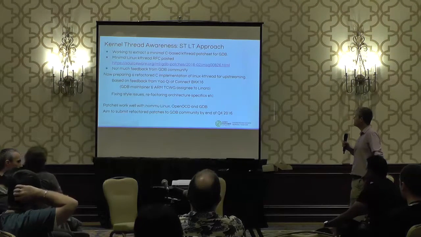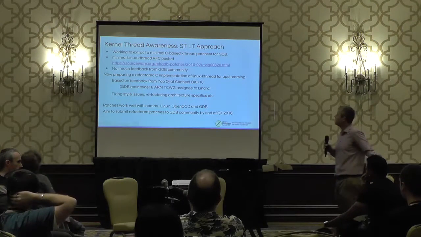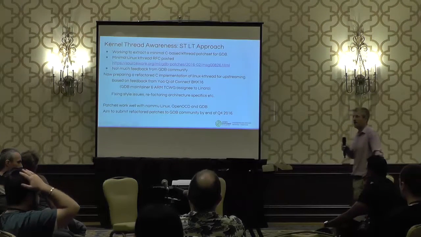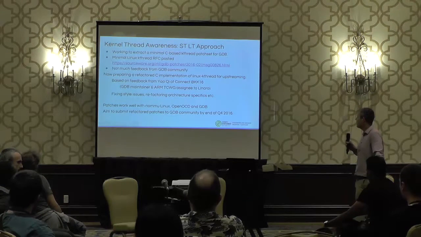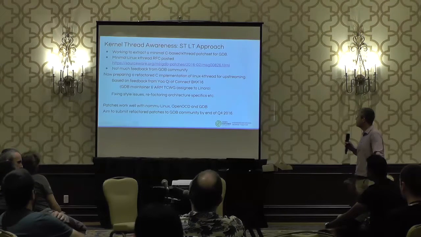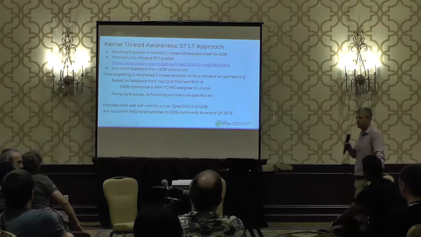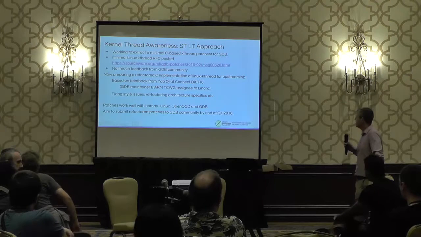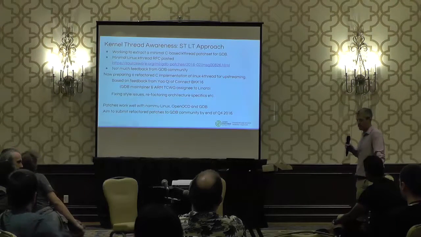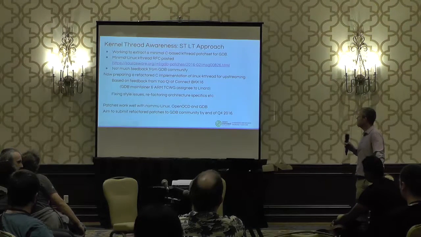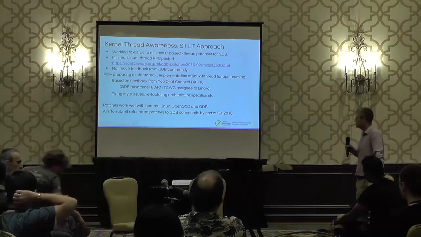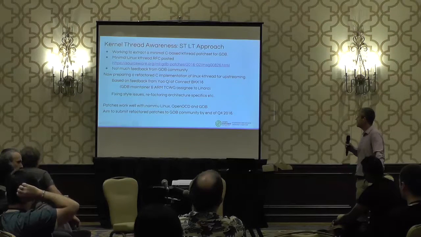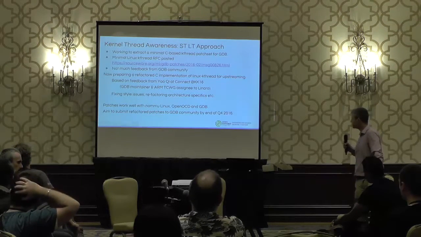We didn't receive much feedback on the mailing list, but we have been working with Yao, an ARM toolchain GDB maintainer and assignee to the toolchain working group, and we've been reworking that patch set to fix style issues and all the things you'd expect that need to be sorted out before it's acceptable to push upstream.